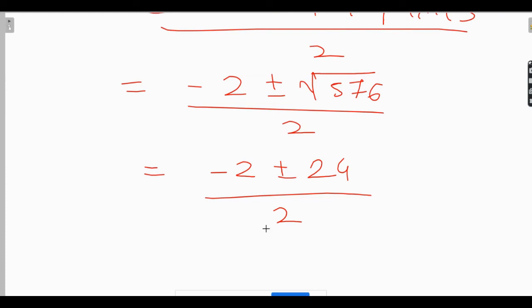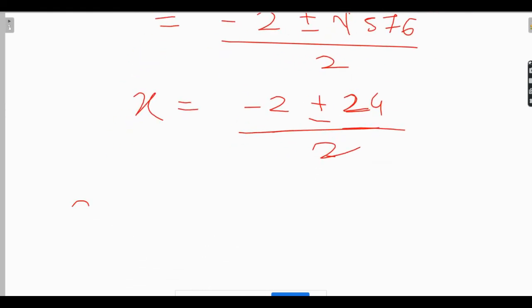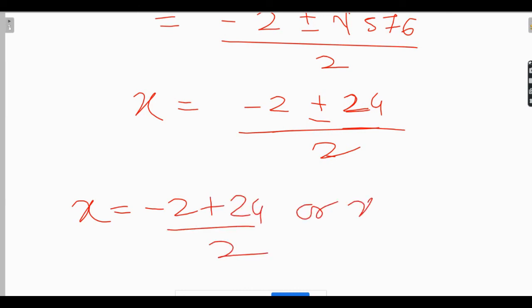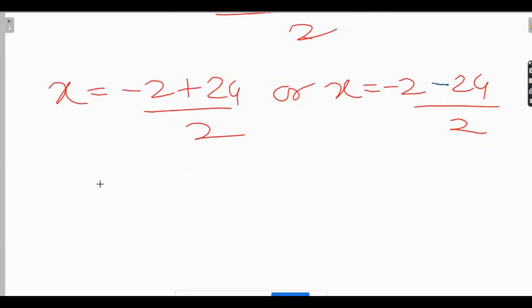Sorry, minus 2 plus or minus 24 upon 2. So what do we get? Two values of x we got from here. One is x is equal to minus 2 plus 24 by 2, or x is equal to minus 2 minus 24 by 2. So you have it as 24 minus 2, 22. 22 upon 2, 11. Minus 2 minus 24, minus 26 upon 2 is minus 13.